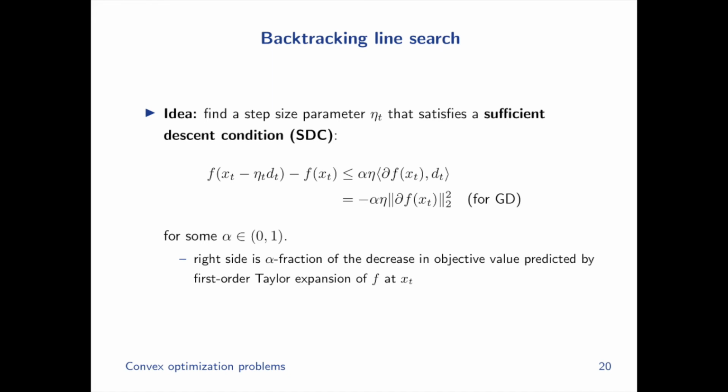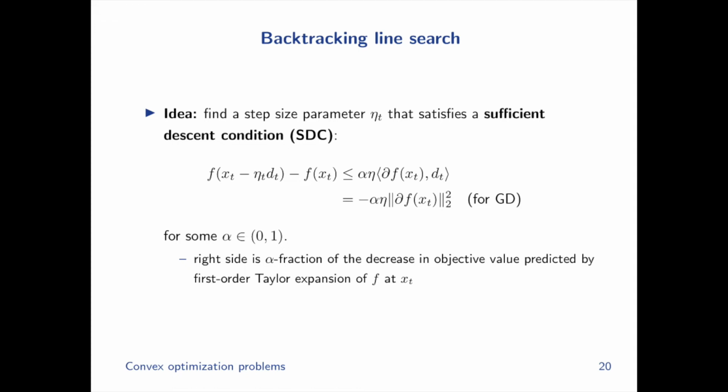Okay, so the idea for backtracking line search is actually very simple. First, you have to determine what is a criterion for a good step length. In a backtracking line search, there are a few different criteria that you can use, but the most common one is what's called a sufficient descent condition. What this says is that you have to achieve a certain fraction of the predicted decrease in the objective function. Now, let's unpack what that means.